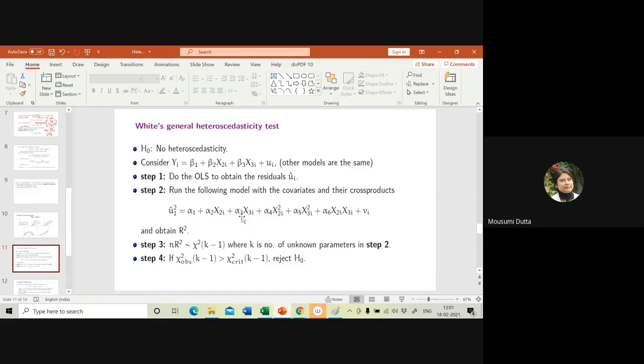However, think about a situation when you have data and really need to run this test and claim whether there is heteroscedasticity or not. Any question? Is White's test understandable to all of you?